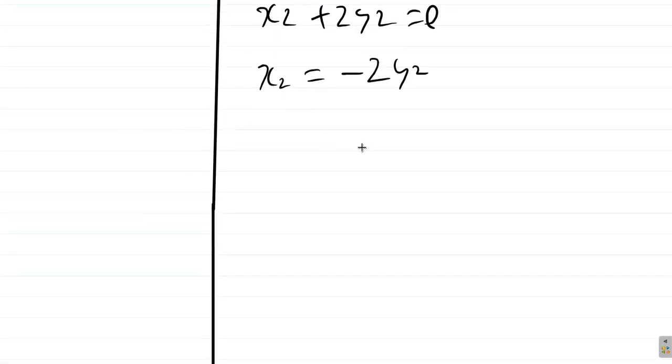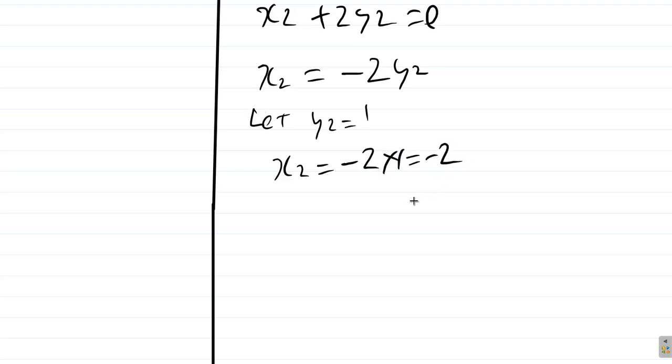Now, what we have here is x2 equals negative 2y2. Now, if we put in a value for y2, we can find out what x2 is. Simple value. We can change it later and simplify it down if we can do that. So, if we say let y2 equal 1, then x2 will be negative 2 times 1, which is negative 2, right?